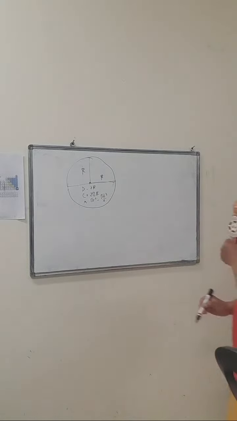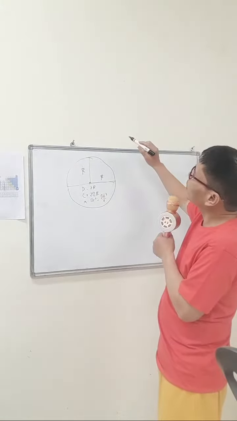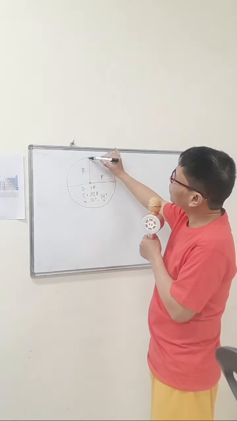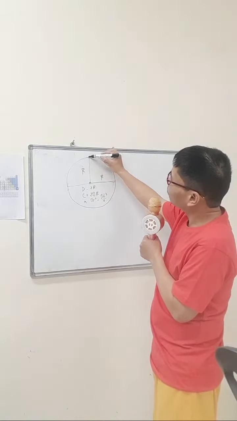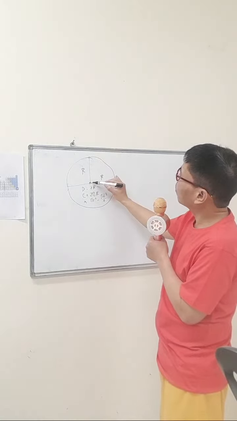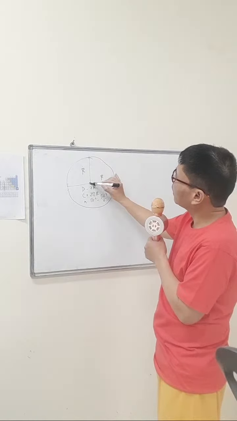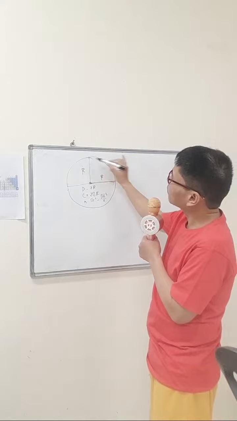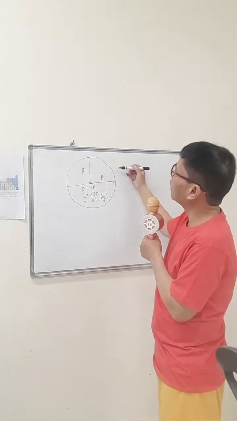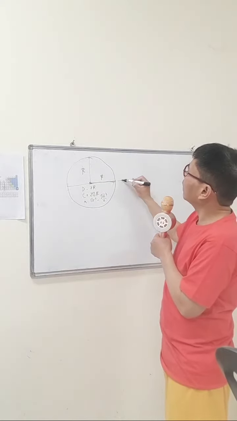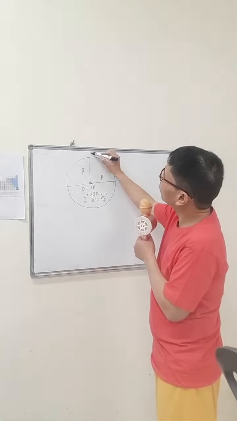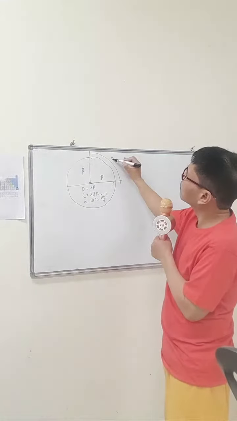Okay. So now let's say this is the first radius, perpendicular, and this is horizontal. Perpendicular, horizontal, like this. Now we need to have S as our distance.